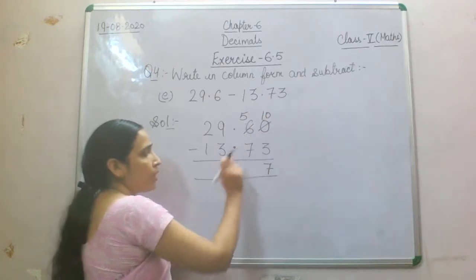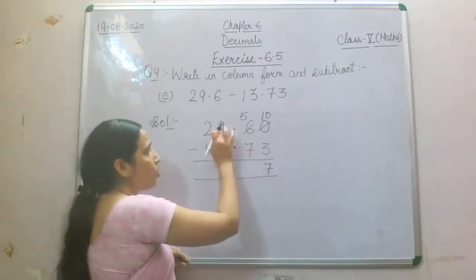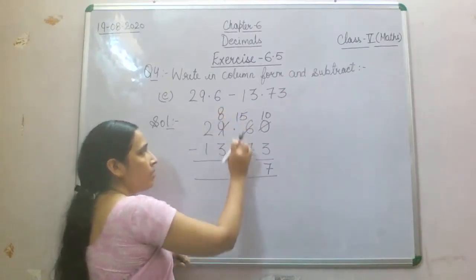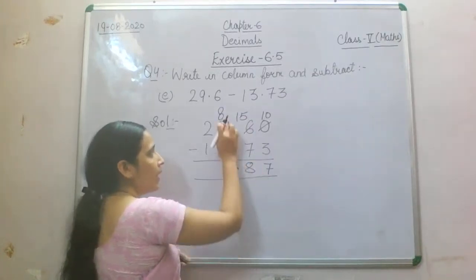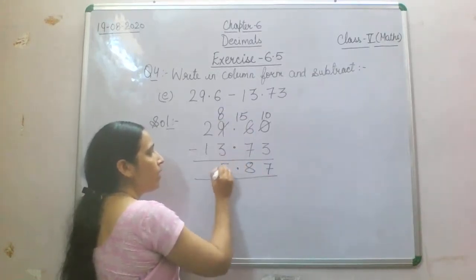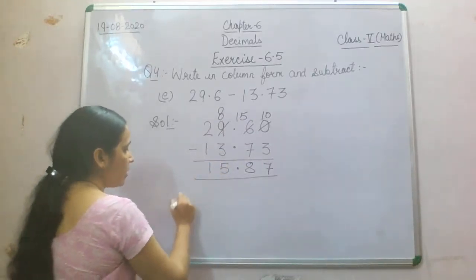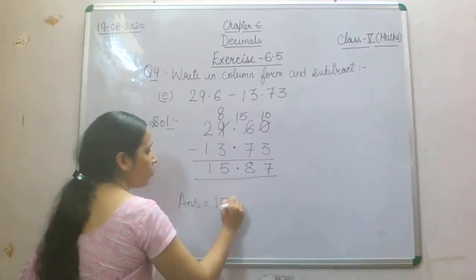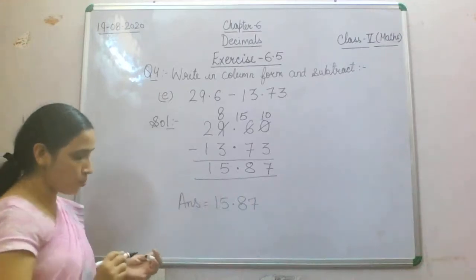From 5 you cannot subtract 7, so 5 will borrow from 9. This will become 8 and this will become 15. 15 minus 7, what will you get? 8. 8 minus 3, what will you get? 5. 2 minus 1, 1 you will get. So what is the answer here? The answer will be 15.87.